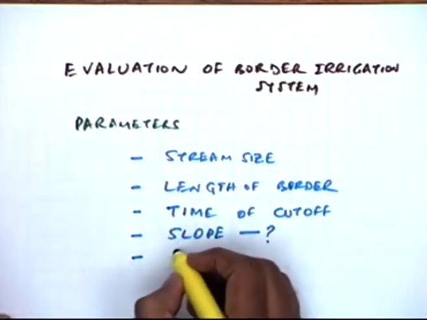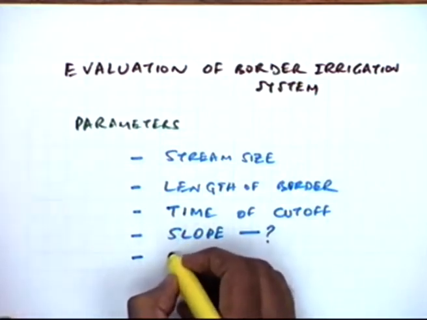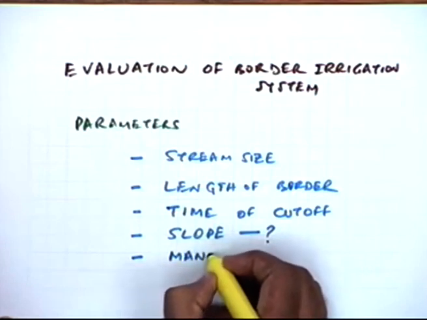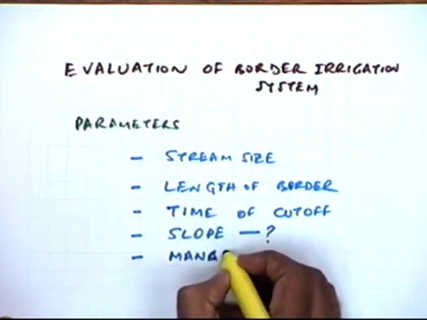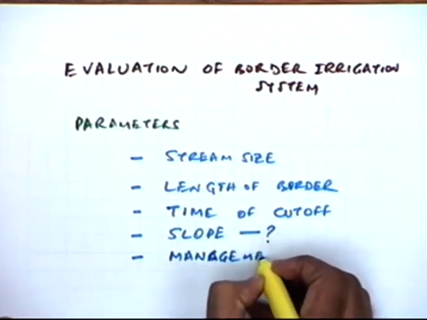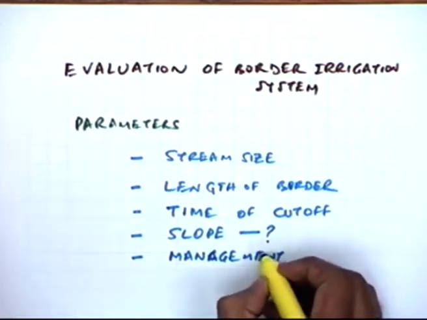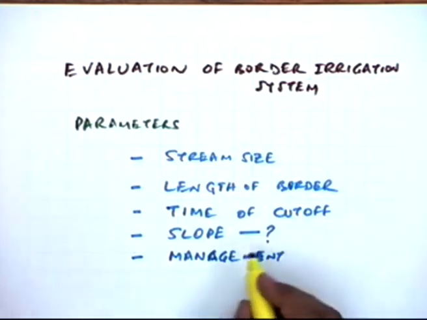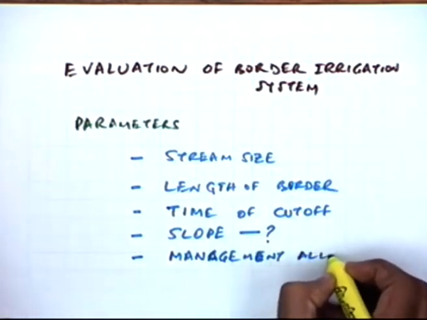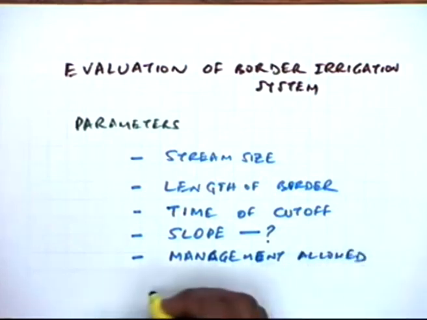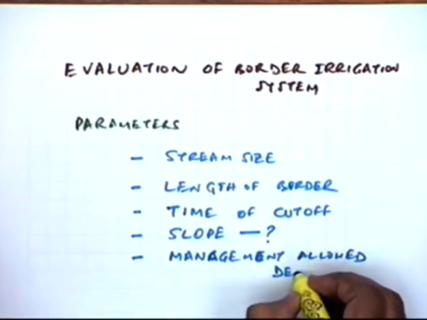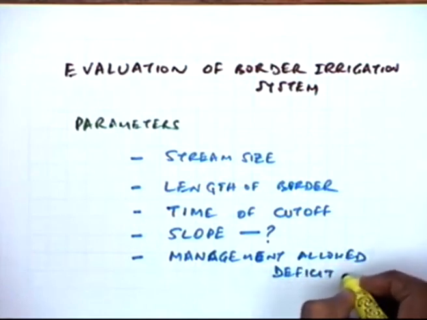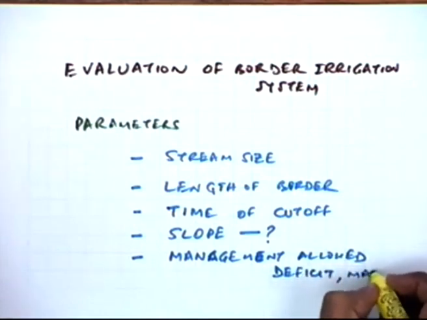Then you will also like to experiment with what happens when you irrigate at different levels of moisture content. So the management allowed deficit, we had called it MAD.